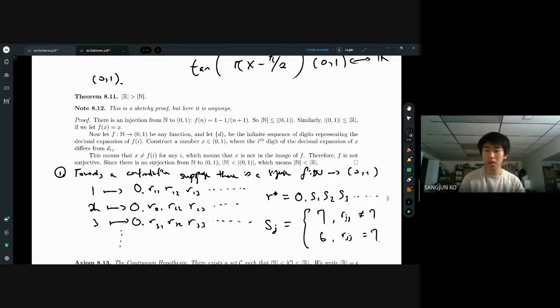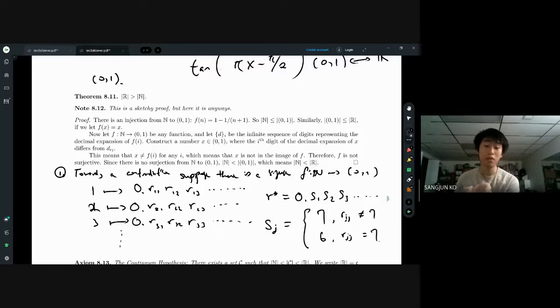Well, I claim that r star does not appear in any of these. Why? If you look at the first digit, it must differ from the first number's first digit, because if r_11 is 7, then this one is 6, and if it's not 7, then it's 7.